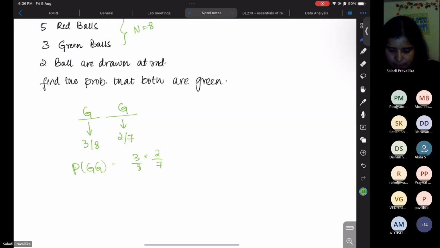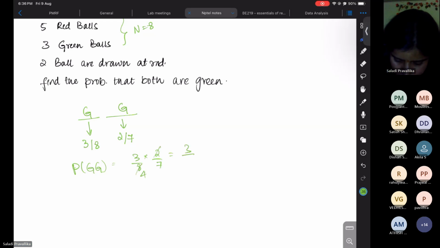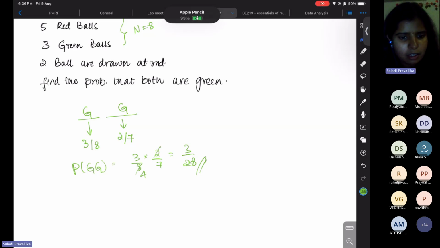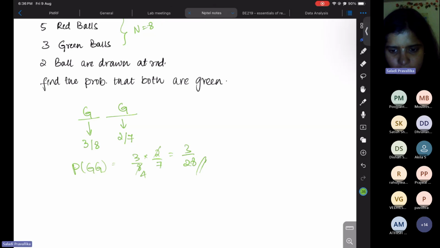Simple. Shall we look at it? Yeah, that I did not say: without replacement. Once I'm taking the ball out, that's it. I'm not going to keep it back again.